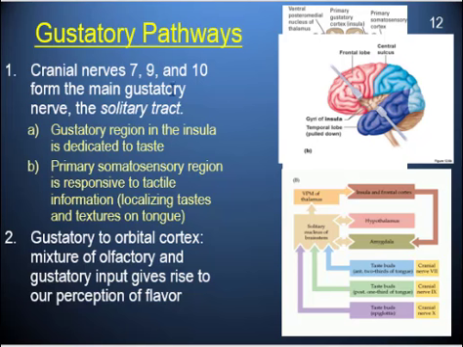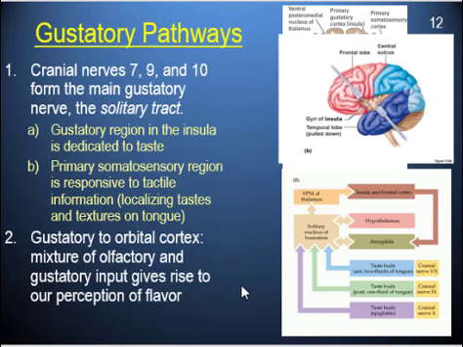Gustatory is the fancy word for taste. And these pathways are thanks to some of your cranial nerves, specifically cranial nerves 7, 9, and 10, which form the main gustatory nerve. The solitary tract is what it is called.